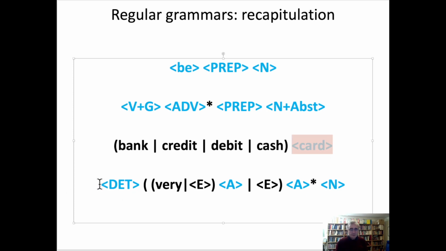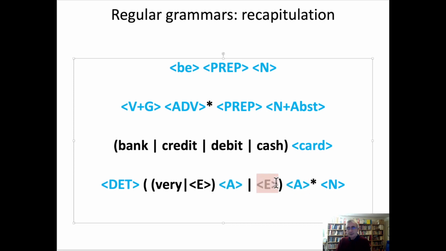And this is a little bit more complicated. This is like a description of a noun phrase. So you have a determiner, and then at the end you have a noun, and between them you can have any number of adjectives. So you could have the little red pen, and before the adjective, you could have also another adjective.